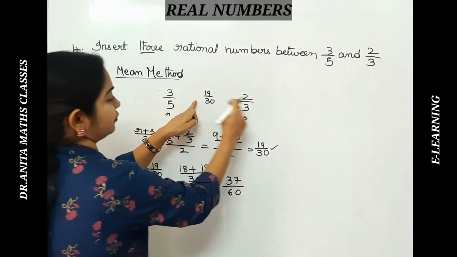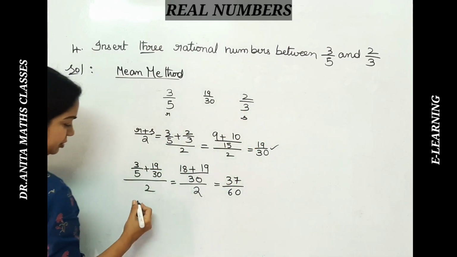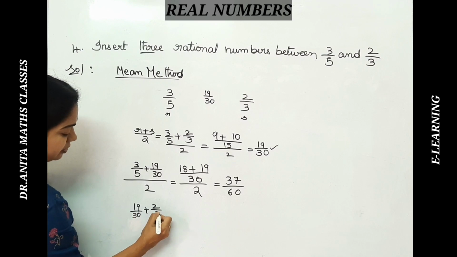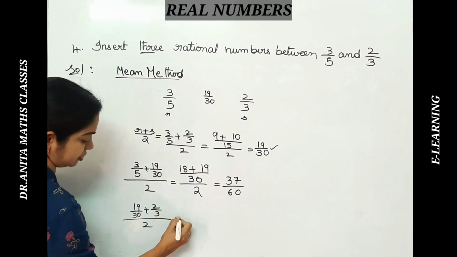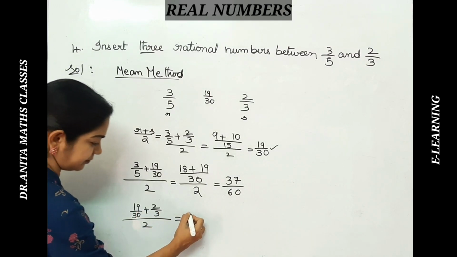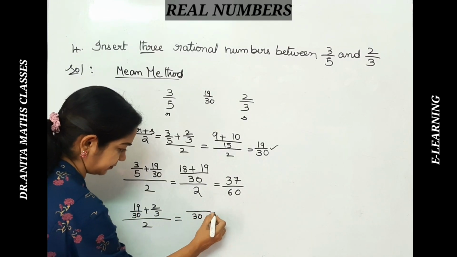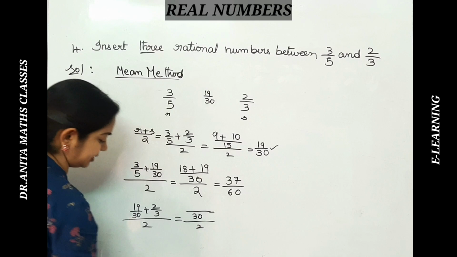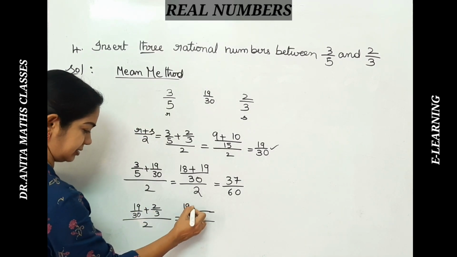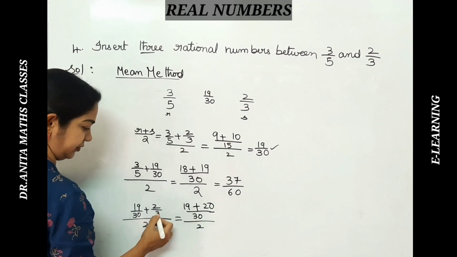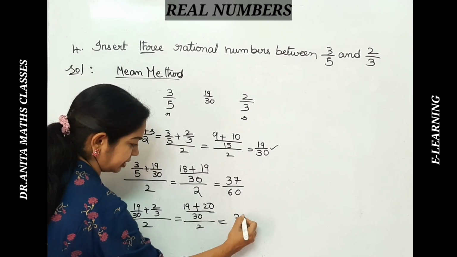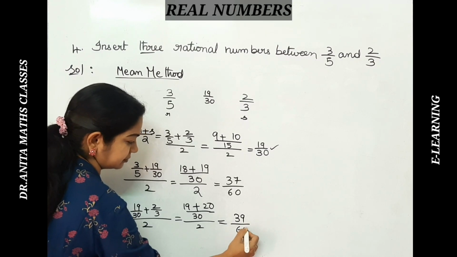Moving on to these two, 19 by 30 plus 2 by 3, divided by 2. 30 and 3, so take the LCM as 30. You know how to find the LCM. 19 plus 20 here, since 3 tens, 10 should be multiplied above. So this becomes 39 over 60.